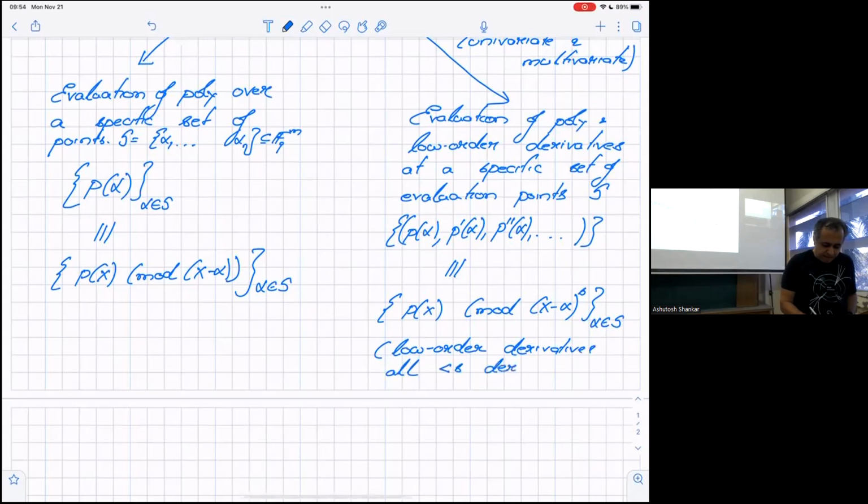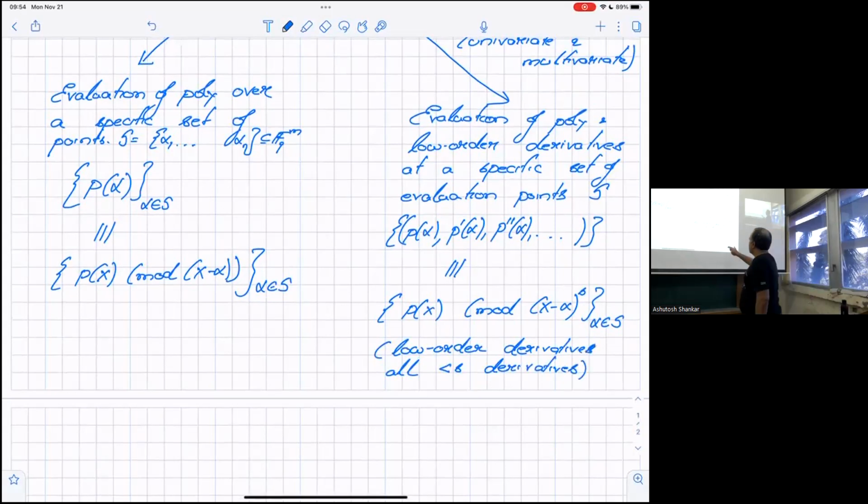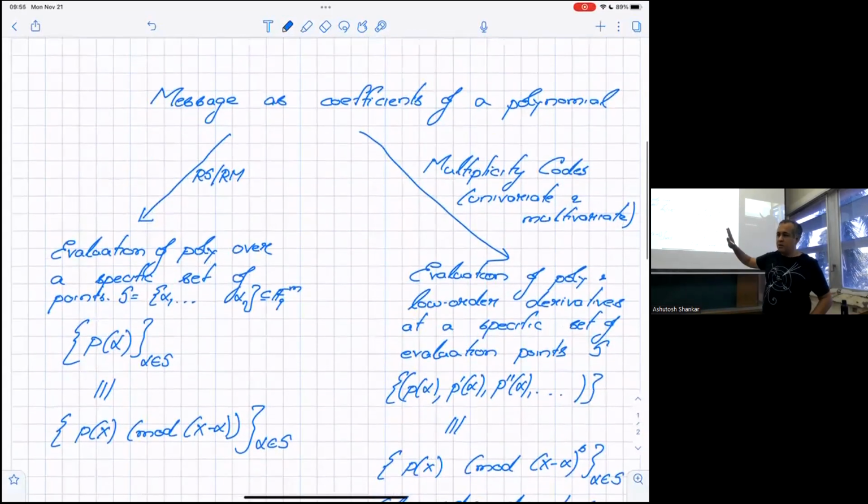So there will be one more parameter thrown in, which is basically the number of derivatives. s equals 1 will exactly be the earlier setting. So it will be a strict generalization of the Reed-Solomon and Reed-Muller world, in which if s equals 1, you recover Reed-Solomon and Reed-Muller.